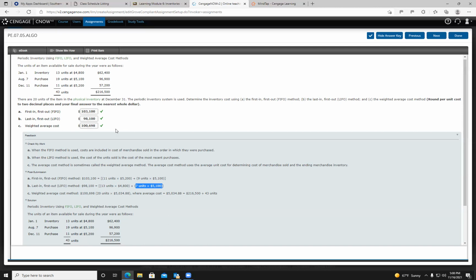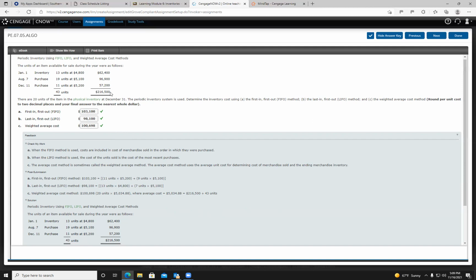All right, the last one we're going to look at is your weighted average cost. Now, again, with weighted average cost, you average out the cost of your units. We take the total cost of your inventory, and right here they've already added it up for us, which is 216,500.